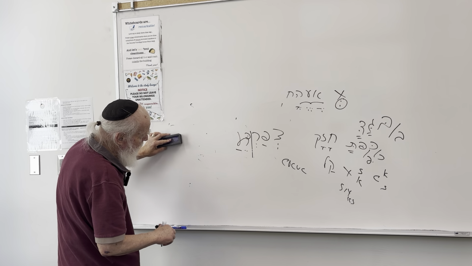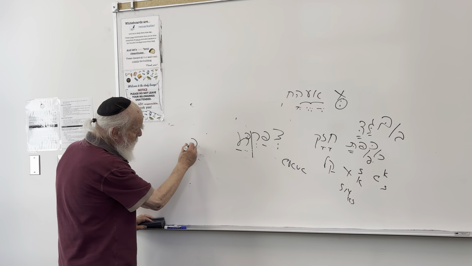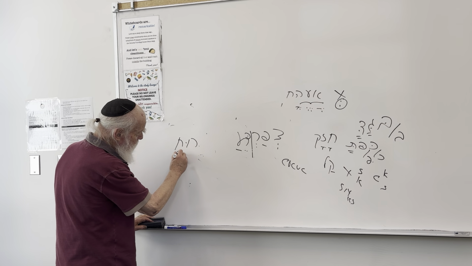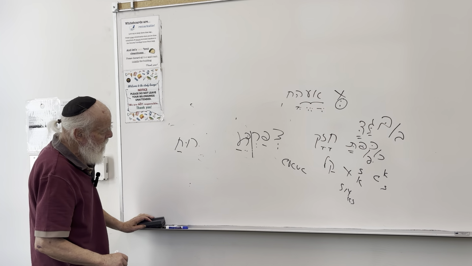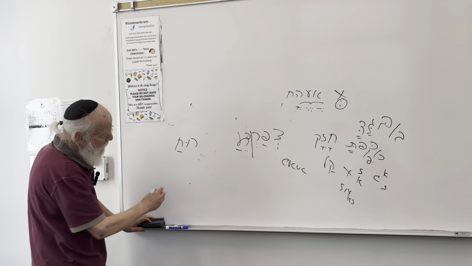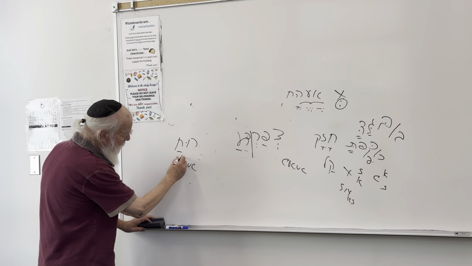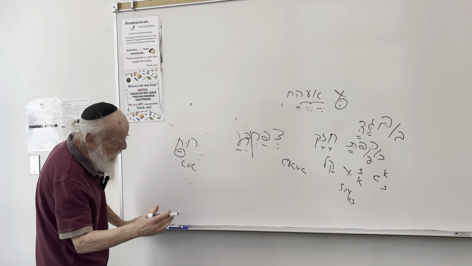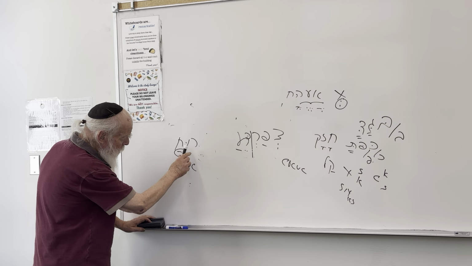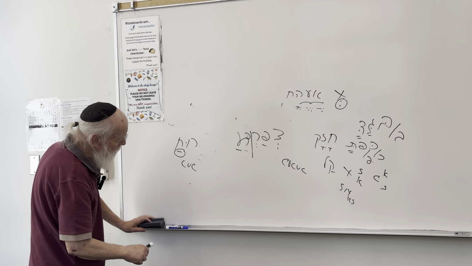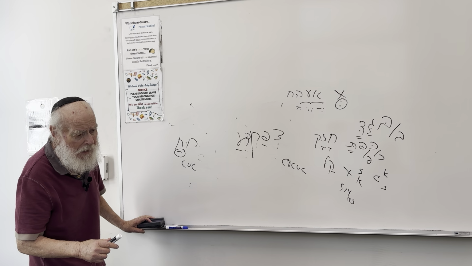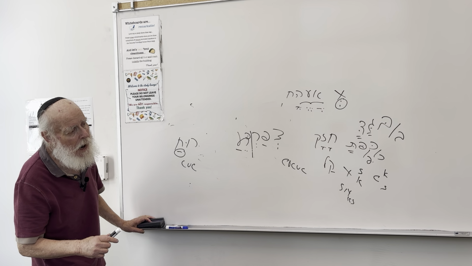Perhaps a better example is the word for wind or spirit. Notice how I write it? The syllabication is CVC. This patach is not a legitimate vowel. It's a glide from the u sound to the chet. The word is pronounced not rucha, but ruach.